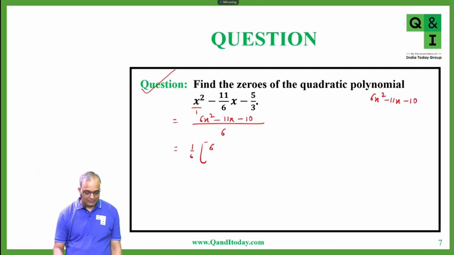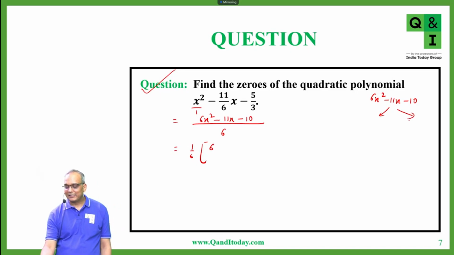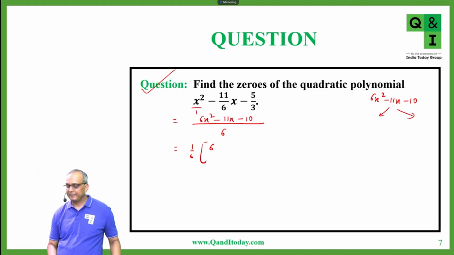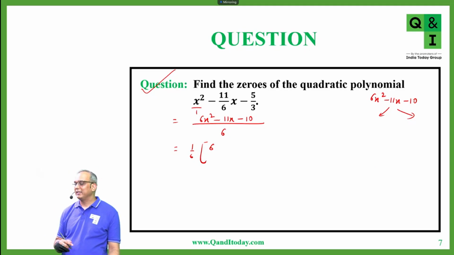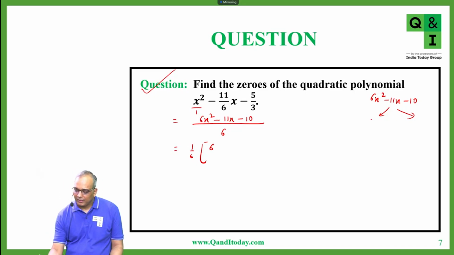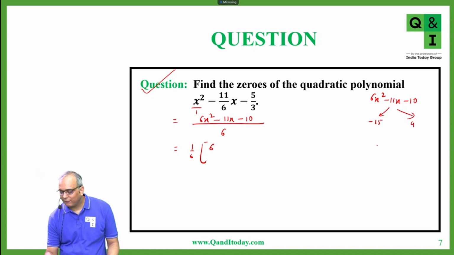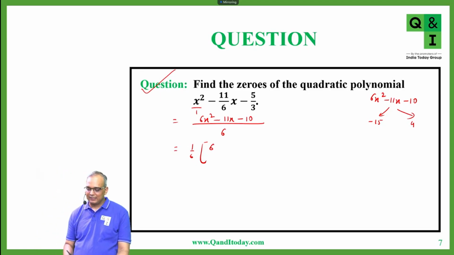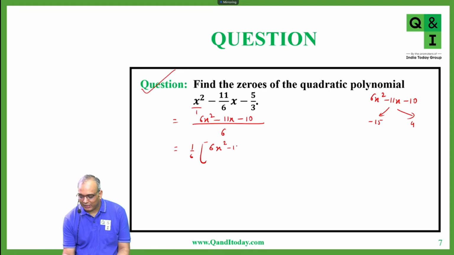Now in this, 6 into minus 10 is minus 60. How will you break the middle term here? You have to break 11 in two parts so that the product is 60. So if you break this into minus 15 and 4, so minus 15 plus 4 is minus 11, and the product minus 15 into 4 is minus of 60. So you will get 6x square minus 15x, right, plus of 4x minus 10.